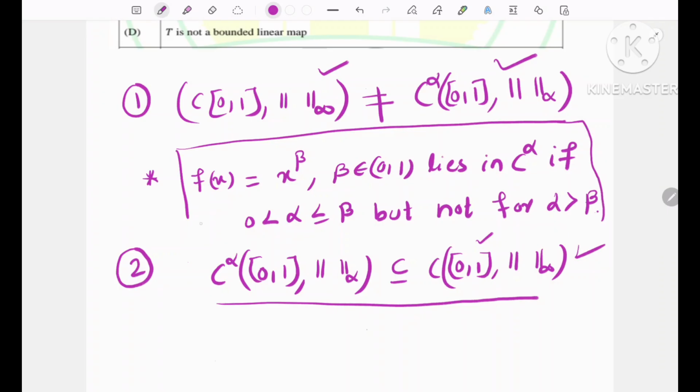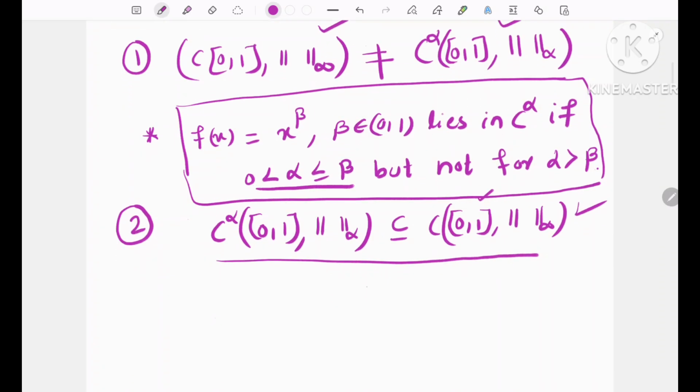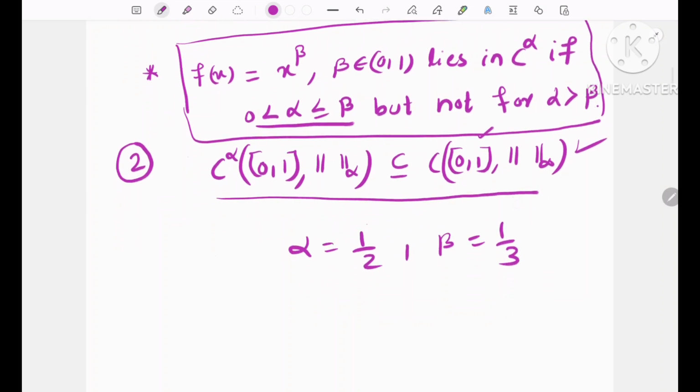This can be verified by using a standard result. This standard result says that the function f(x) equal to x to the power beta, with beta between 0 and 1, is in C alpha, that is Hölder continuous, if alpha is less than or equal to beta. In the particular case, if one takes alpha equal to half and beta equal to 1 by 3, then f(x) equal to x to the power 1 by 3 is not in C half [0,1].